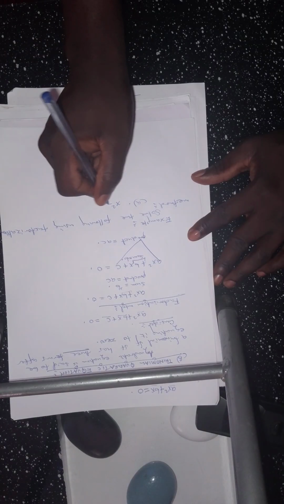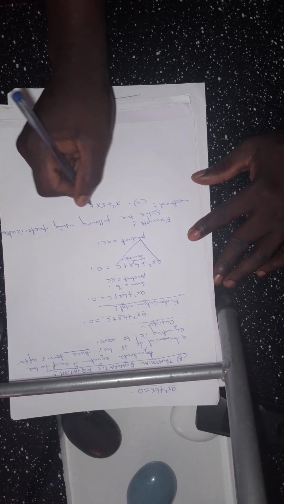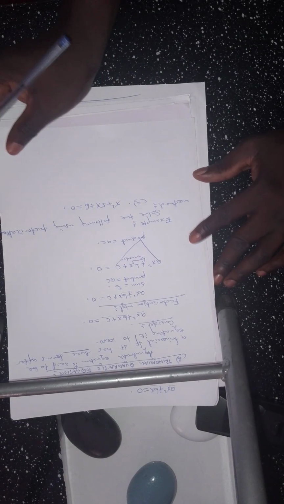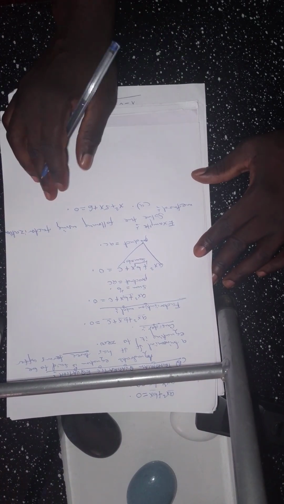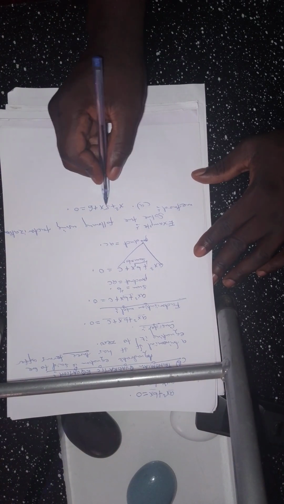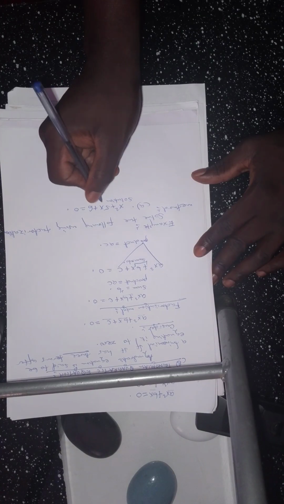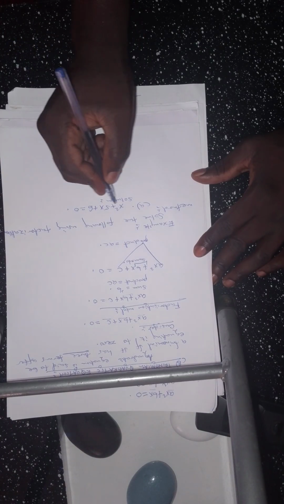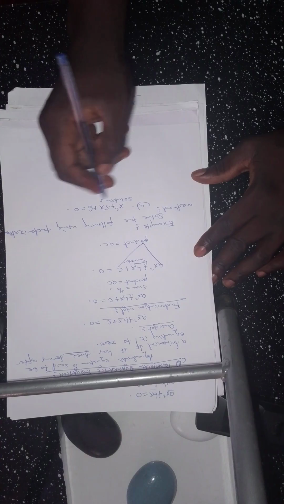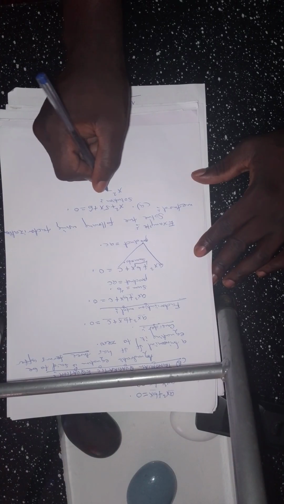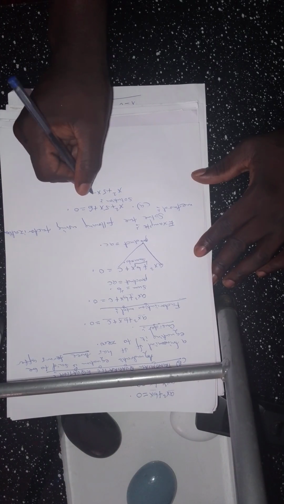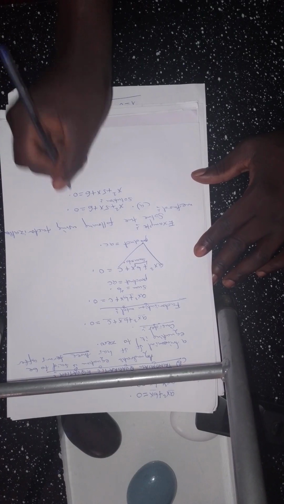We have x squared plus 5x plus 6 is equal to 0. Before doing anything, you first ensure that the quadratic is equal to 0. Now in our solution, I will ask myself, is my quadratic equation equal to 0? Yes. I will rewrite it. It is x squared plus 5x plus 6 is equal to 0.